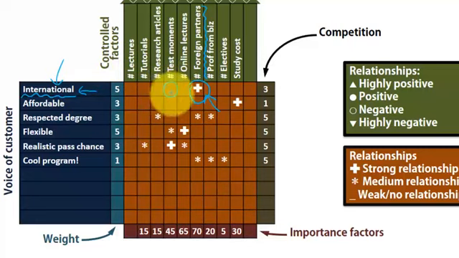Why is there no symbol here? Because there is no relationship, or a very weak relationship, between the number of test moments and the voice of customer that says, I want the program to be nice and international. That's why this part is empty. Okay, so I assume the logic of these symbols and what you fill in when is now clear. I'm not going to waste your time by going through all of them.